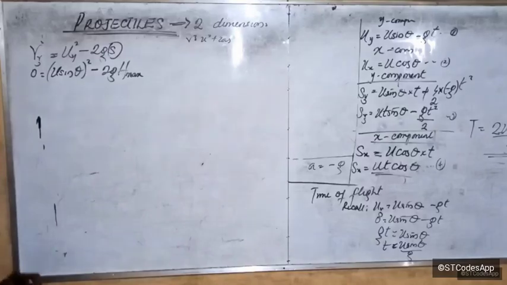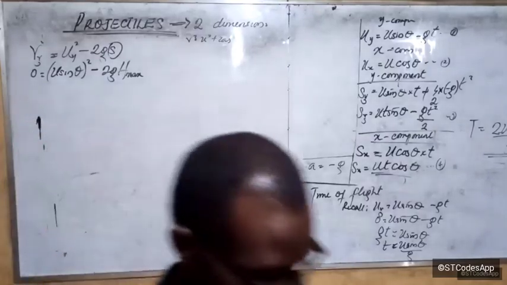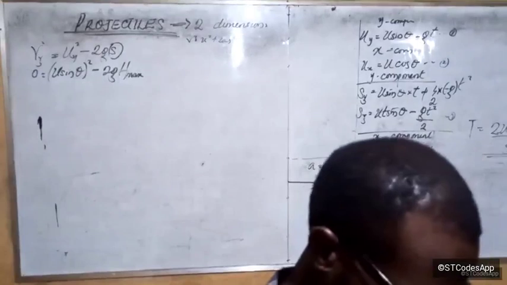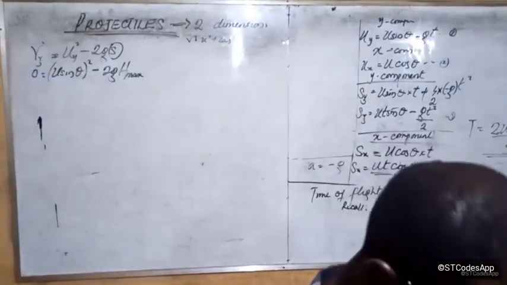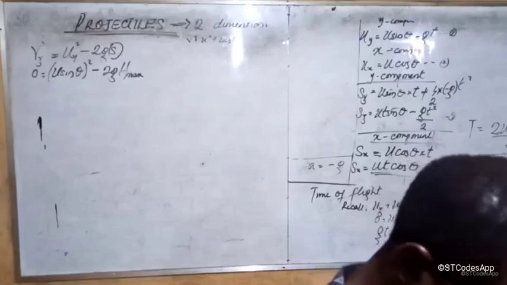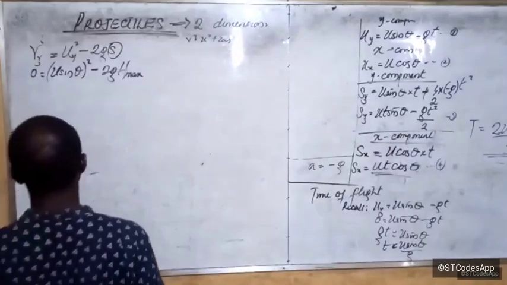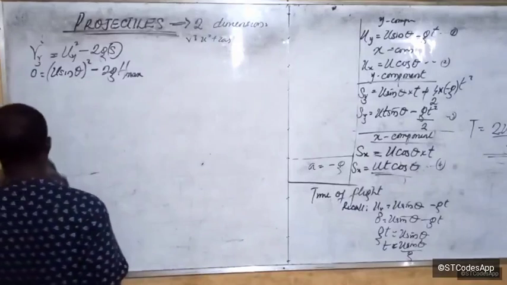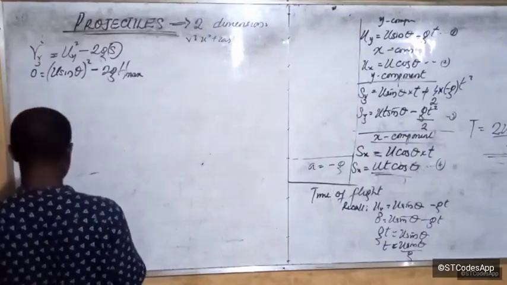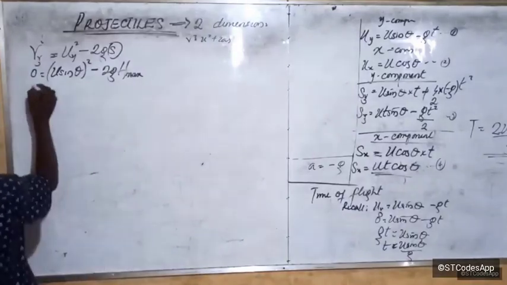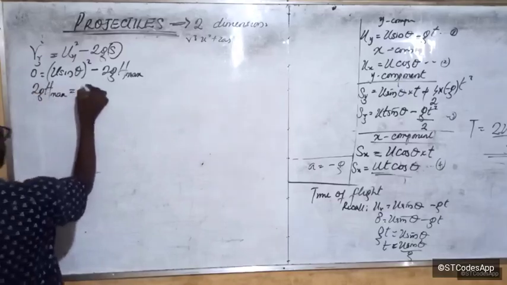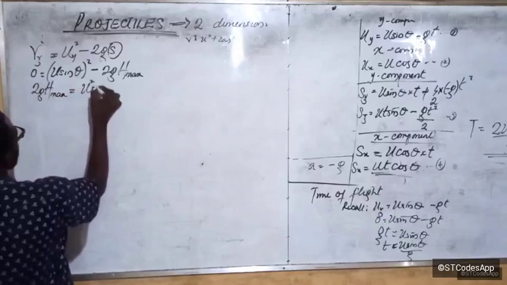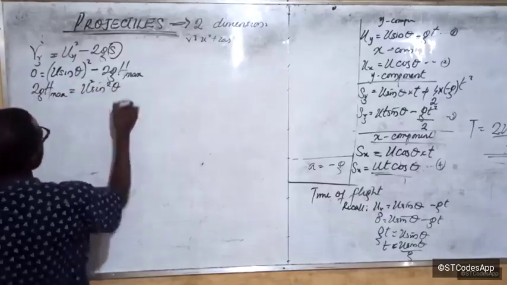So that we can have 2g. H max is equal to u squared sine squared theta.